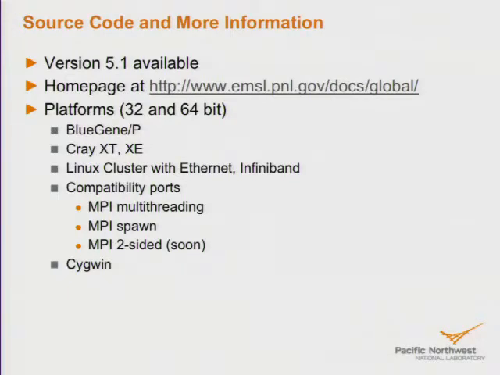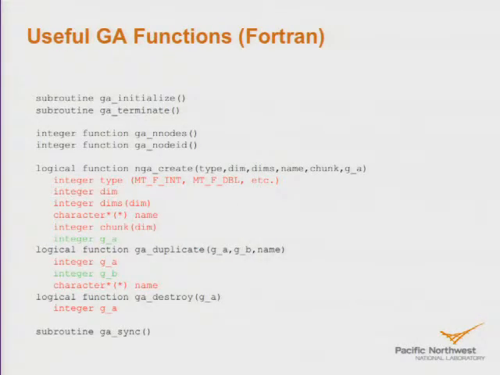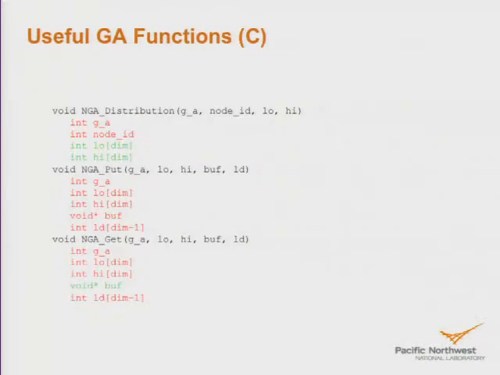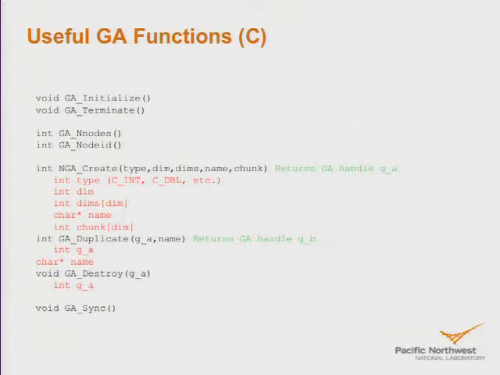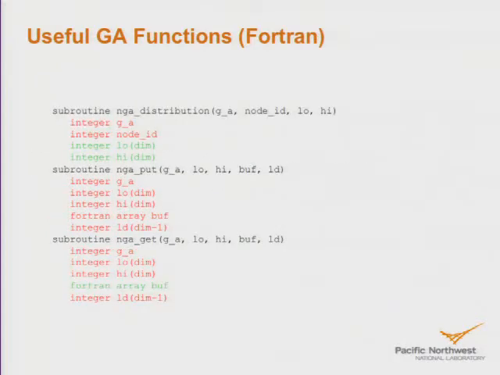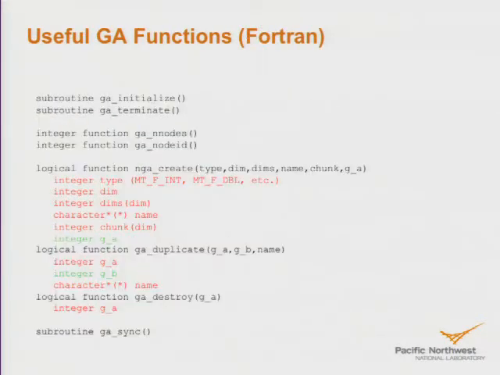And then also we have Windows support through Cygwin, and I think that's about it. Just for the hands-on session this afternoon, all these function declarations are terribly useful for the exercises. So I think everything you need to complete the exercises is available here, and that's it. Thank you.